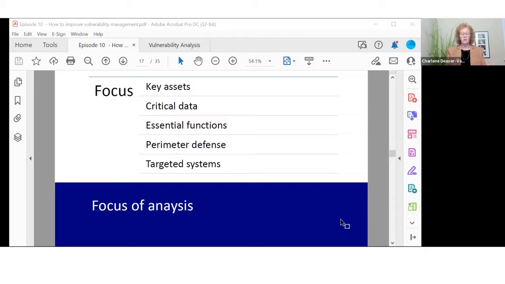So by essential functions, this is where we start to have that conversation between leadership. What I'm talking about here are those things that if the organization is attacked or something drastic occurs, these functions must continue. Other things can go by the wayside and the business can still exist. These must exist.